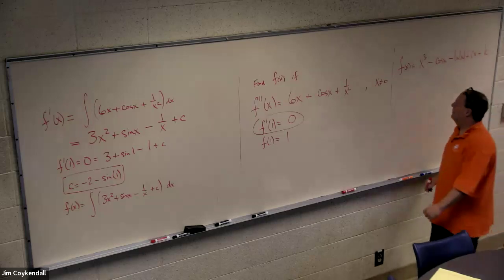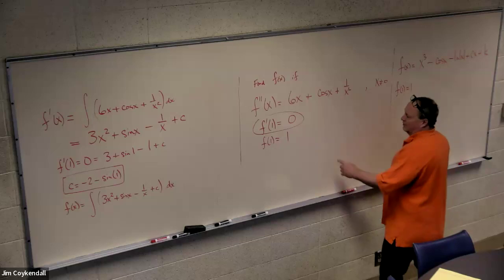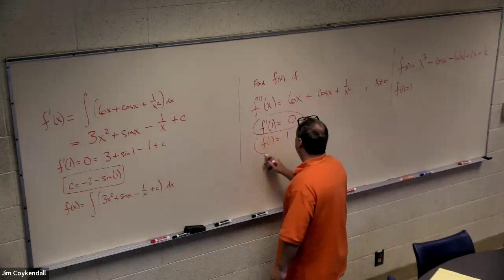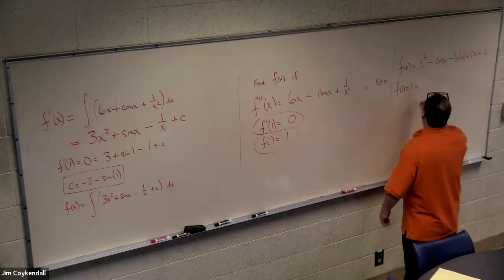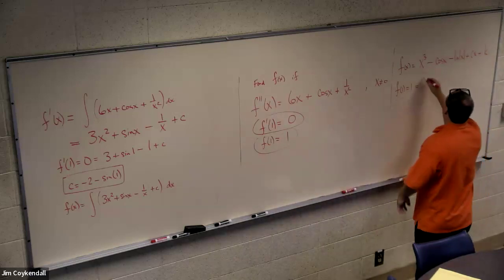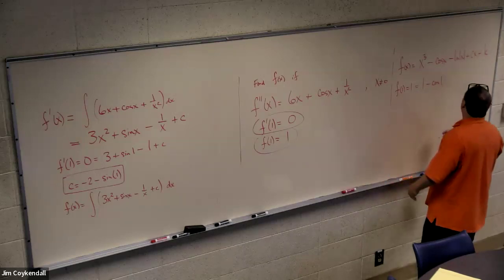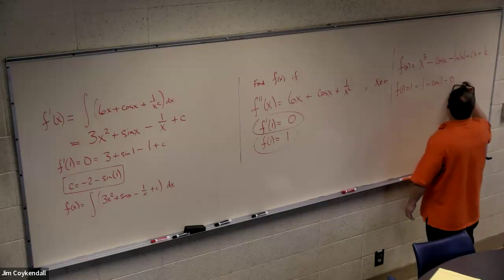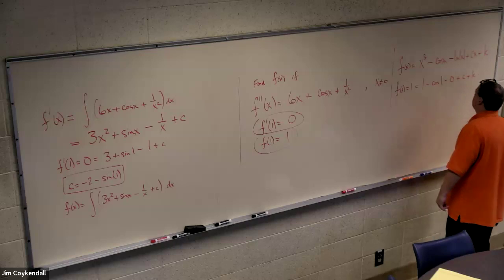Now, f of 1 is equal to 1, so this is the last one here. This is going to be 1 minus cosine 1 minus log 1, that's going to be 0, plus c plus k.